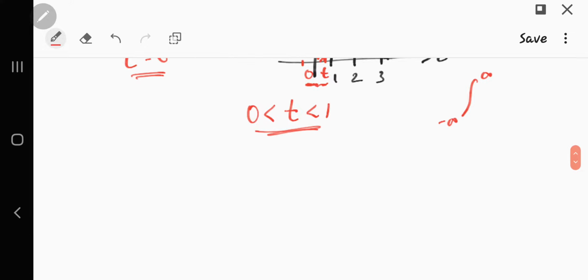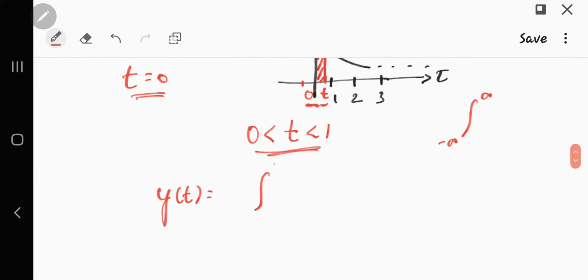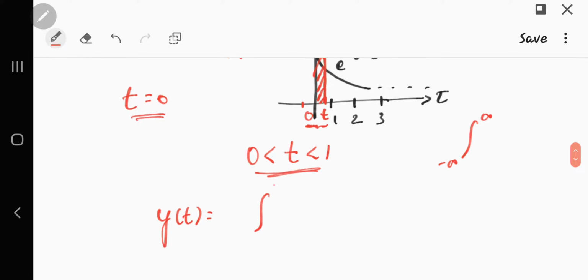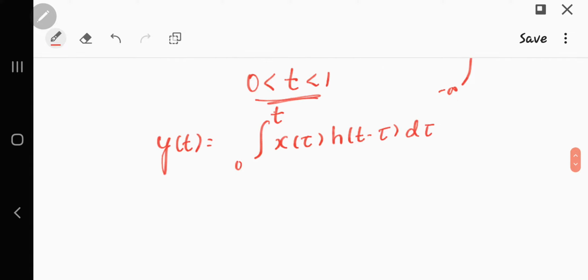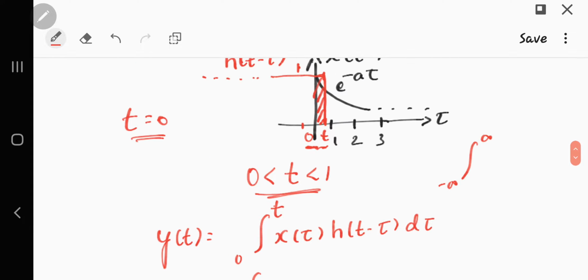Now if you integrate that, y of t is equal to the integral of, so you have to integrate only that region where the overlapping is happening. The overlapping is between 0 to t. So in this region, x of tau, h of t minus tau d tau. We have to perform this between 0 to t only. Now what is the value of x of tau and h of t minus tau in this particular region?